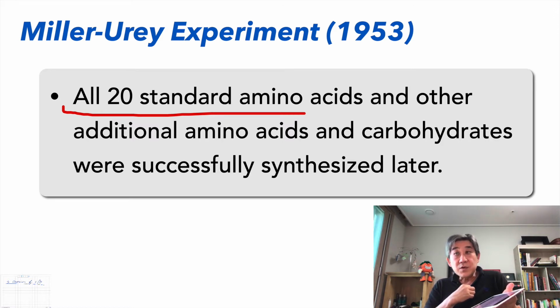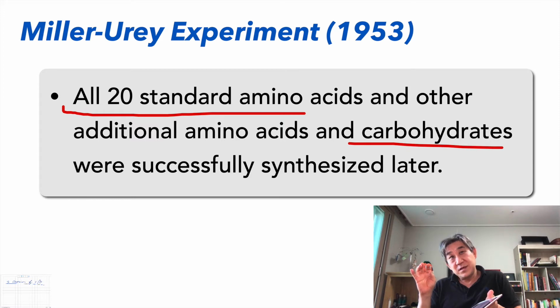That means proteins can be generated spontaneously, not to mention all these different carbohydrates. And we already know that the cell membrane can be spontaneously generated relatively easily, and with that matter, nucleic acid is also possibly generated. So why not, is the argument.